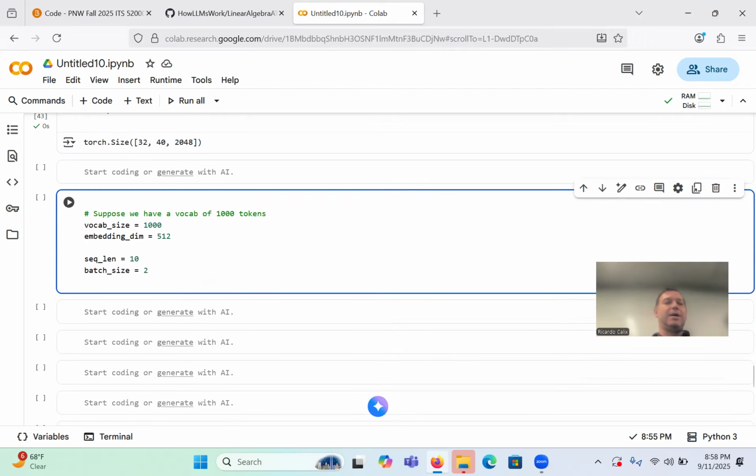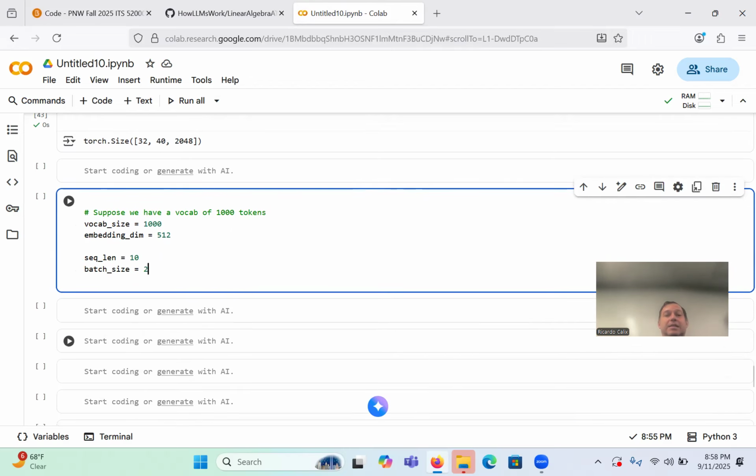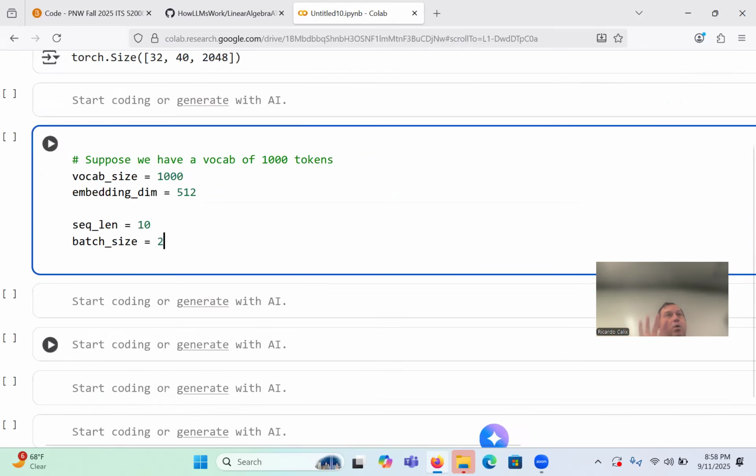So let's do the token embedding. How does that work? Because I only drew that on the whiteboard. Now you're going to see it in the code. So I have a vocabulary size. Instead of 50,000, let's assume we only have 1,000, just to keep it simpler.